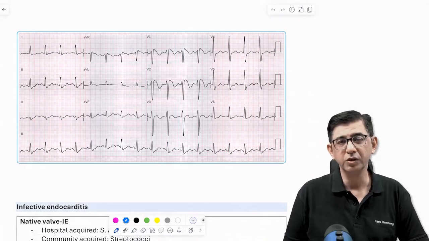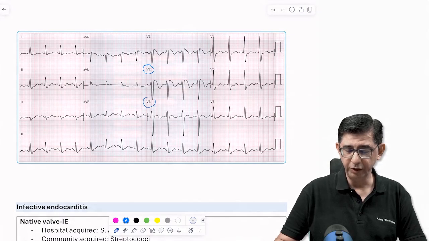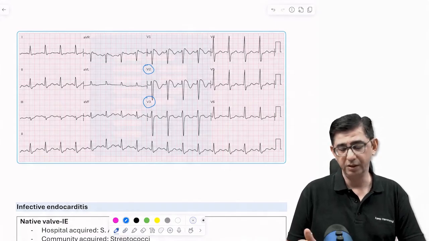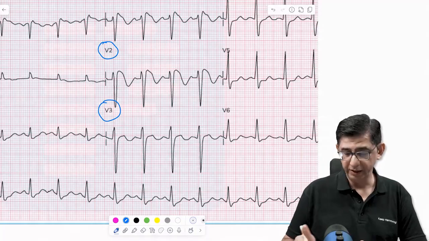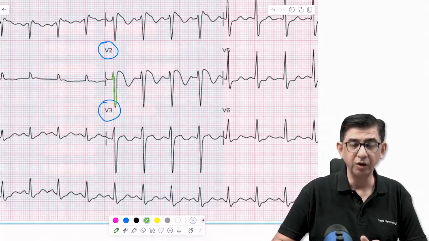Next up, I would like to focus on an ECG. When you look at the precordial leads, the ones that are shown, that is V2 and V3, you can notice the characteristic coved pattern of ST segment elevation as I've been explaining to you. I'll just zoom into the ECG so that I can highlight this. This that is going up is the R wave, then this is the S wave, and then in the upswing of the S wave, you should have had an ST segment here.